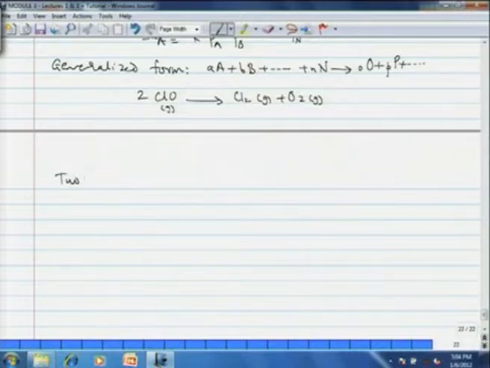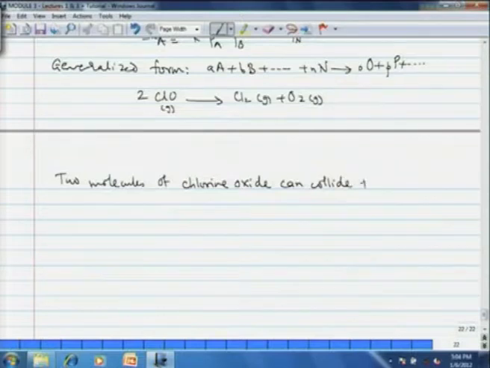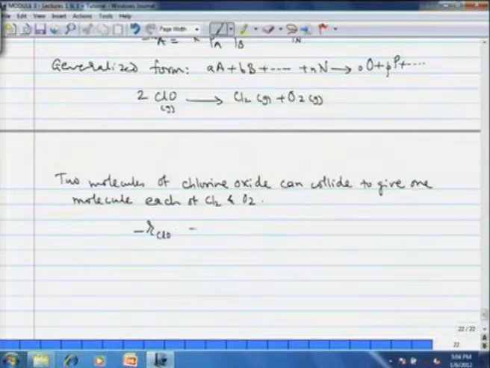Two molecules of chlorine oxide can collide to give one molecule each of chlorine and oxygen. And in this case, the rate with respect to ClO, minus r ClO, could be K C ClO squared, which could be 2 times the rate with respect to Cl2.